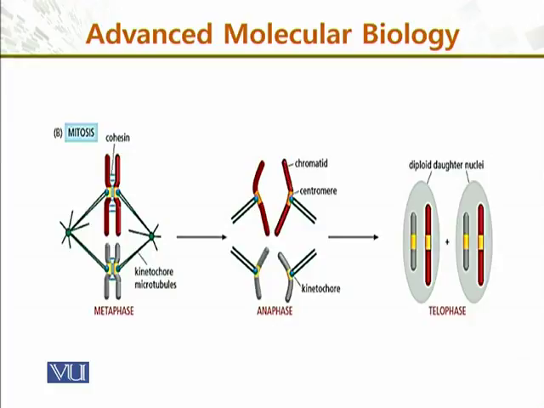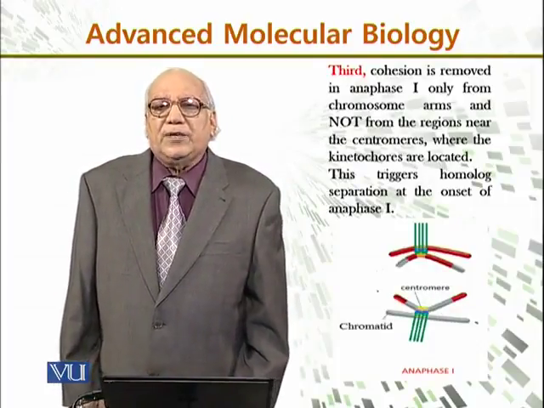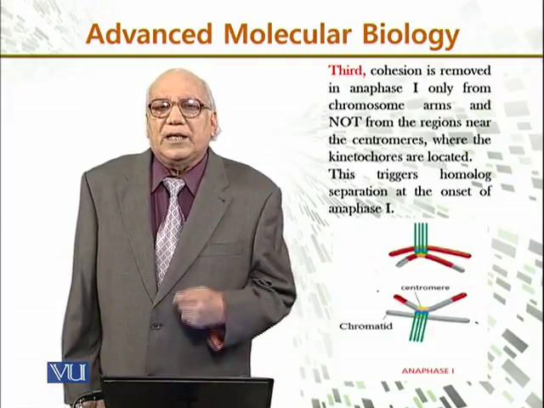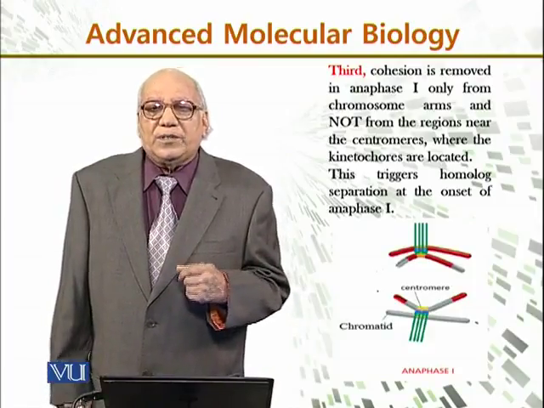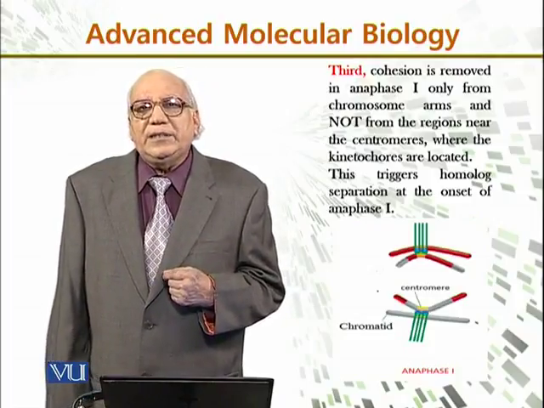The third is that cohesion is removed in anaphase 1 only from the chromosome arms and not from the regions near the centromere. ये बड़ी important चीज़ है.